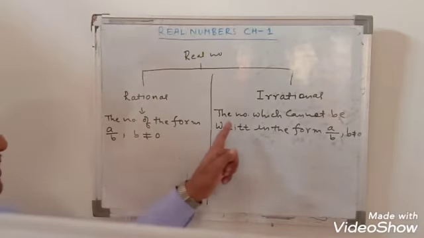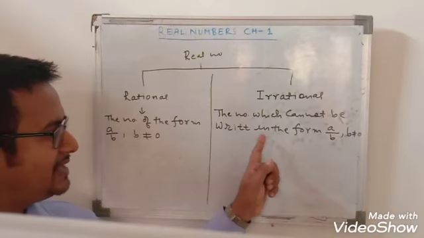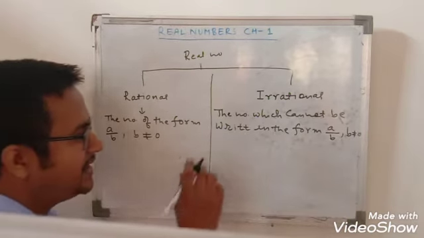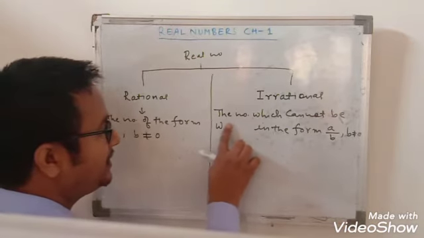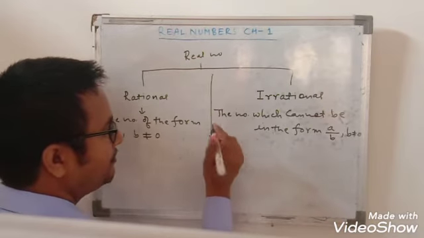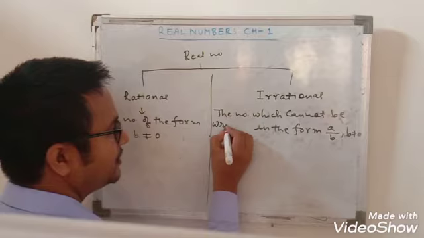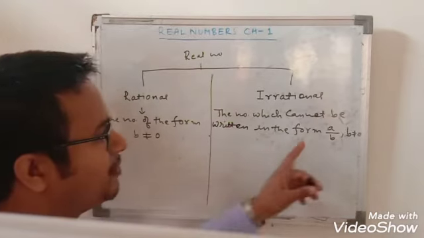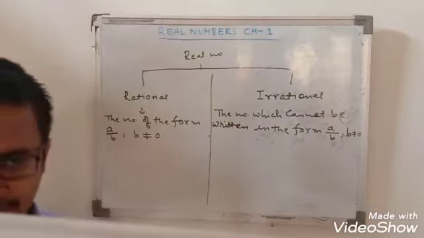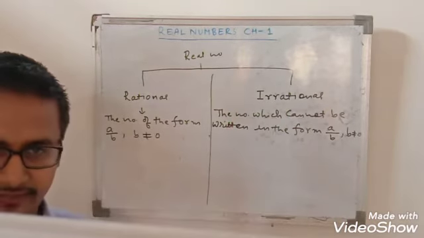The number which cannot be written as P by Q form, written in the form of A by B, where B is not equal to 0, are irrational numbers.